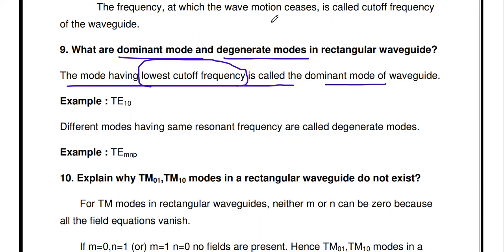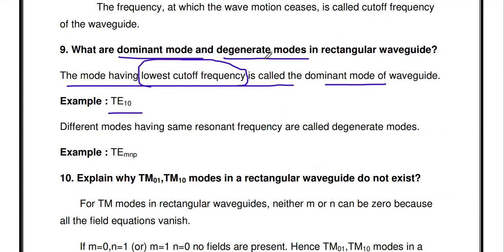For the same data, we derived the cutoff frequency for various modes. Out of that, we can say that the dominant mode has a cutoff frequency value that is very low compared to the remaining modes. Examples for the dominant mode are TE10 and TM11.